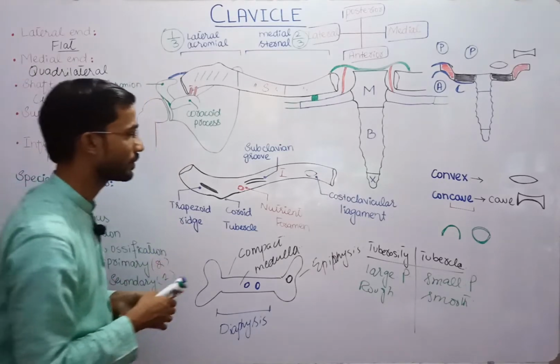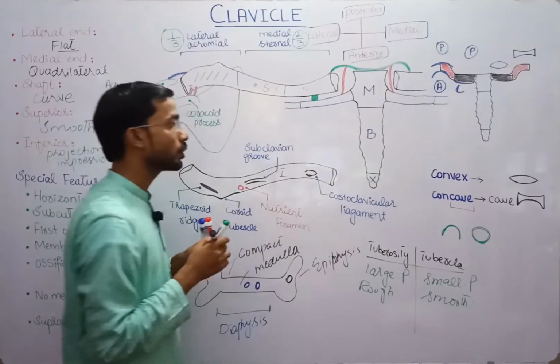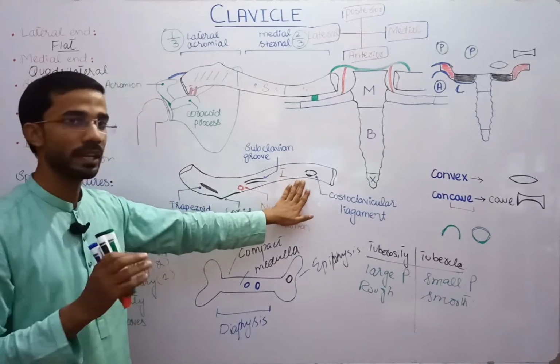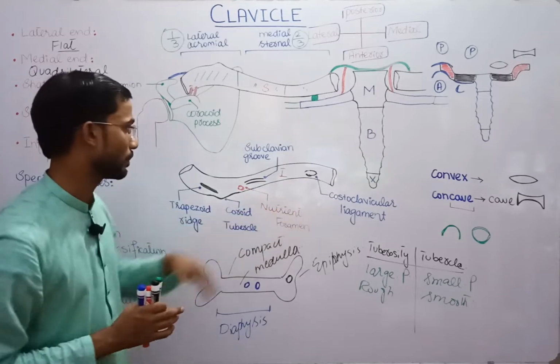In the medial side, there is an impression at which the costoclavicular ligament attaches. I'll tell you about it later.